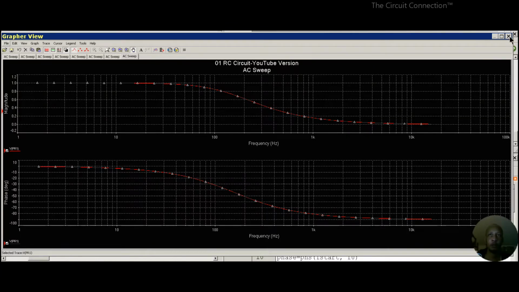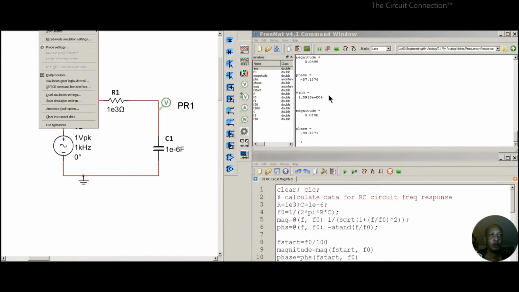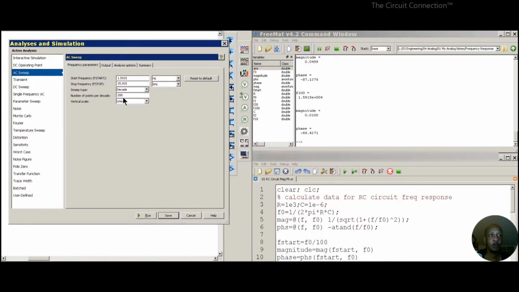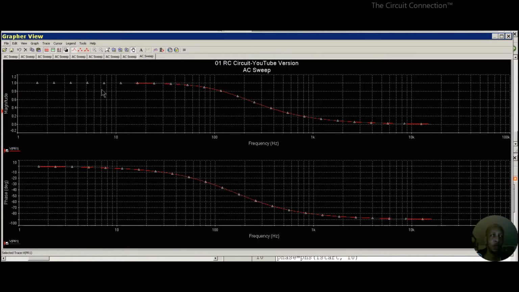Let me go back again, and you see number of points per decade. I don't need 200 points. 20 is sufficient, but let's just make it 50 points per decade. And that's what I have.